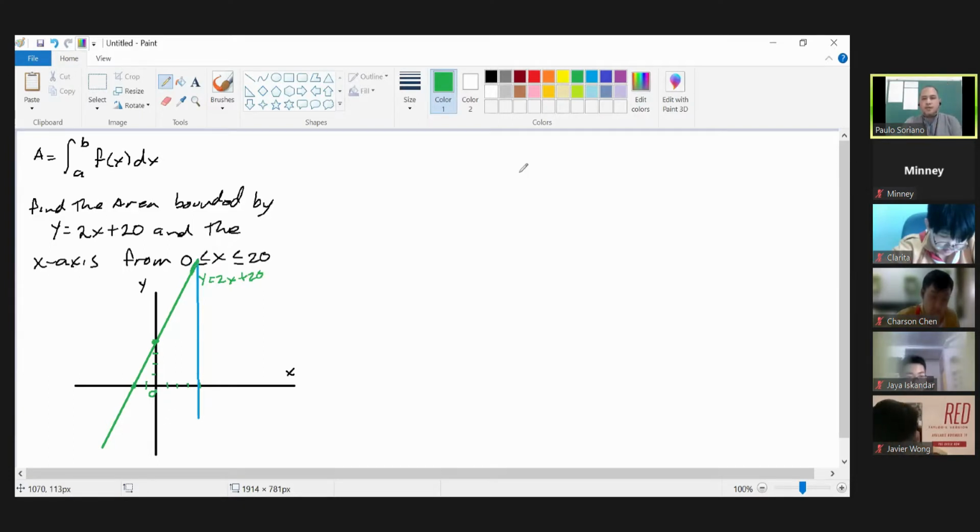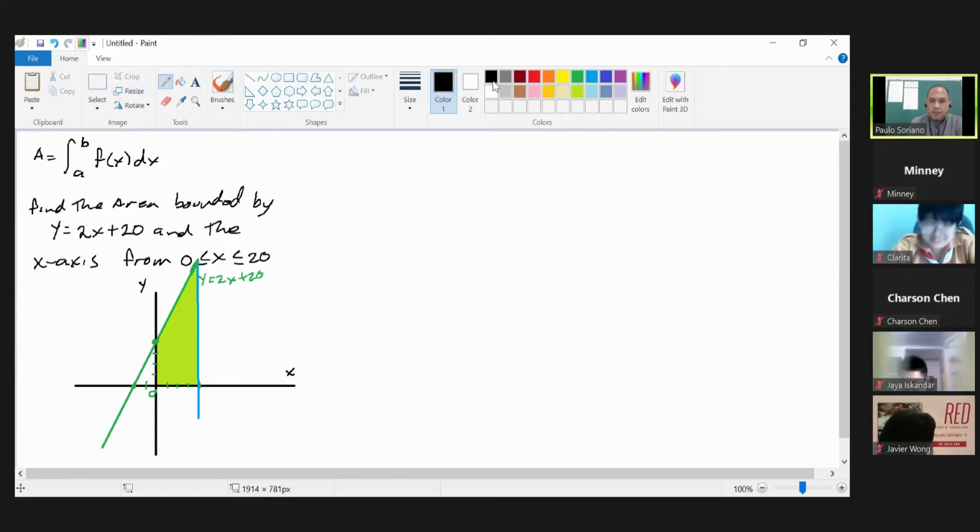So what area is that? This one. That's the area that we want to find. So how do we solve that? All we need to do is to apply this formula. Just imagine this is dx.